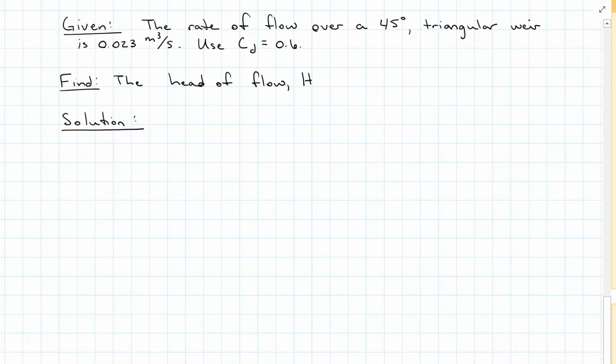This time we're given a flow rate over a 45-degree triangular weir of 0.023 meters cubed per second. Use a discharge coefficient of 0.6. Find the head or the depth of flow in that triangular weir. Again, using our flow equation, but this time for a triangular weir, we'll plug in all of our known values.